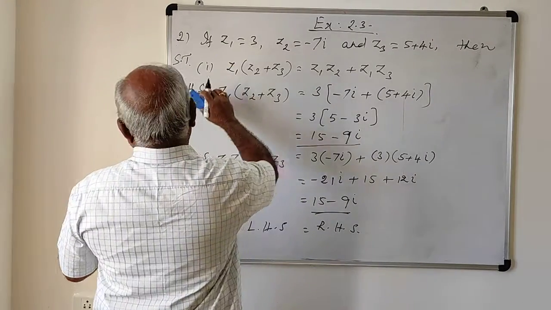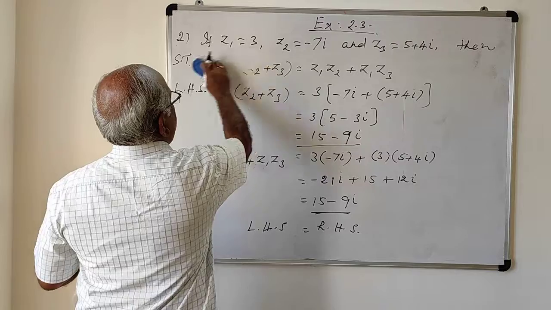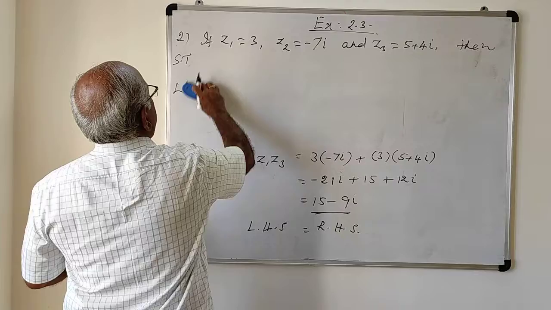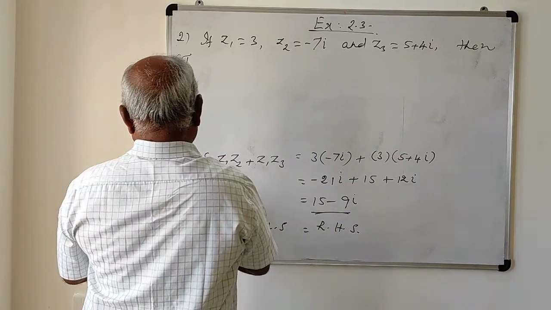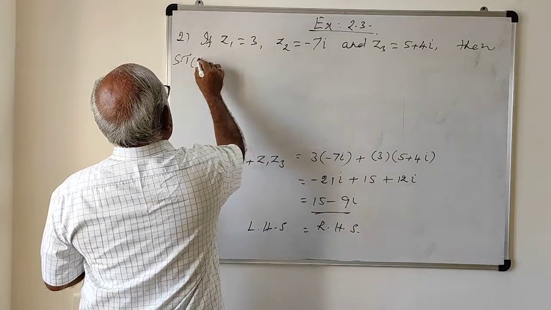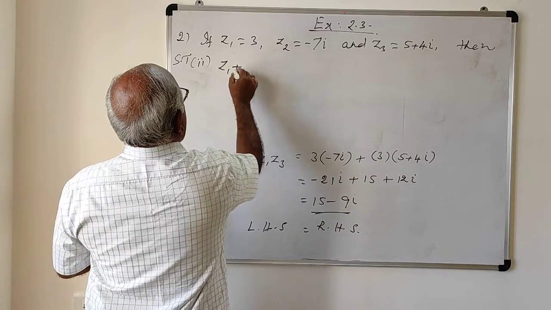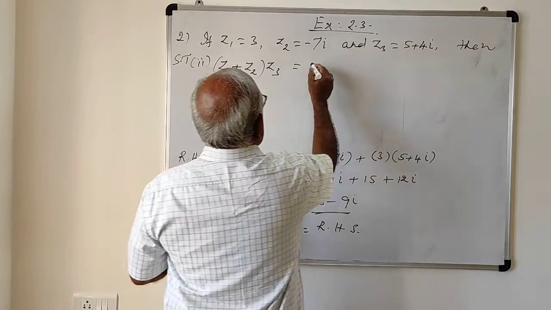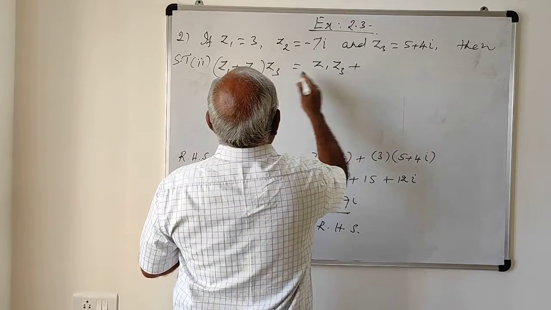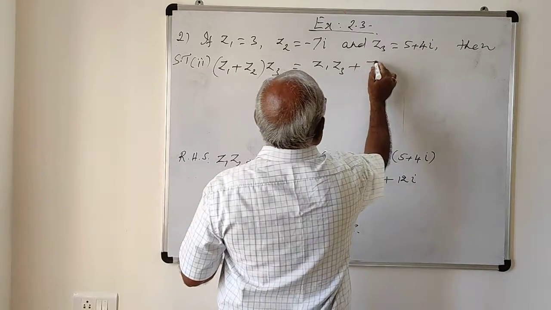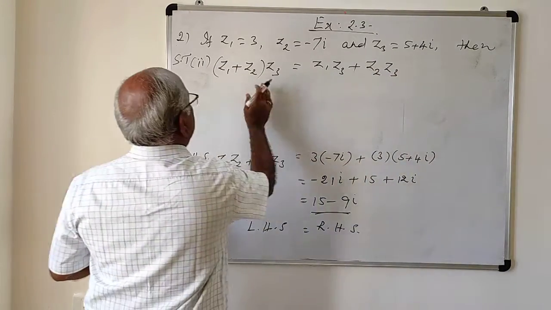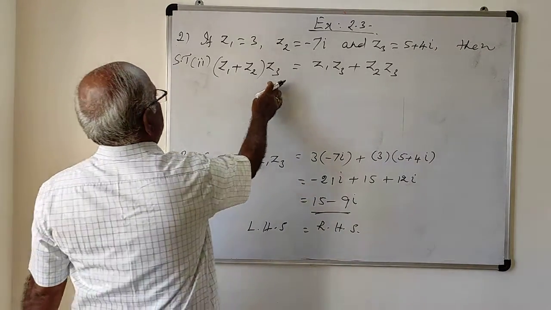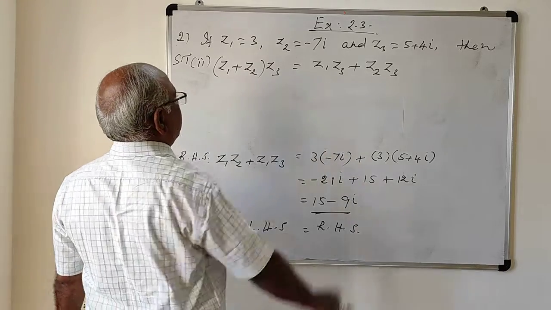In the same second problem, the second subdivision, you have to prove (z1 plus z2) into z3 equals z1 into z3 plus z2 into z3. This is the right distributive law.